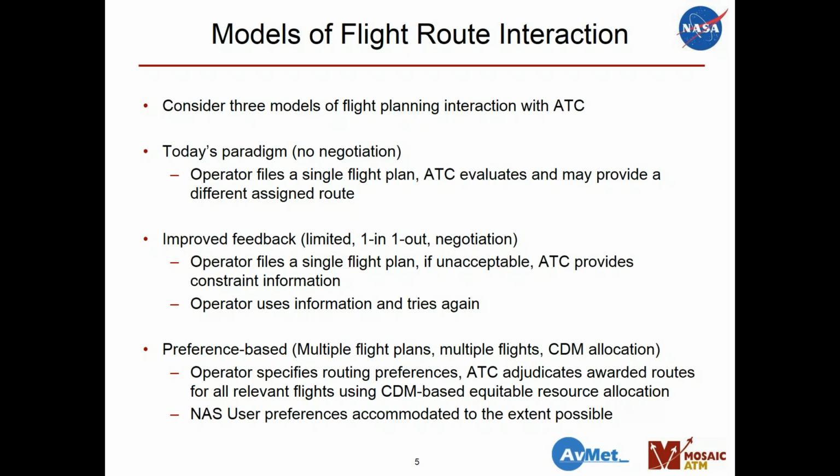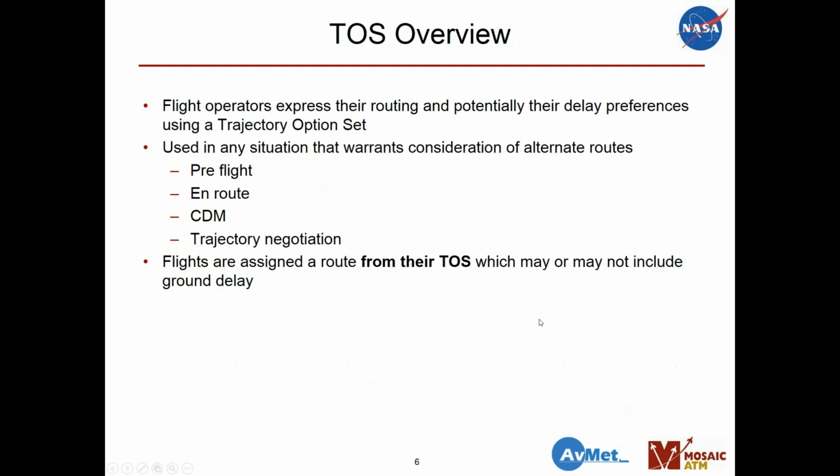And in that process, the NAS user preferences are accommodated to the extent possible, but the preferences are pre-specified by inputting multiple different routes. So it's important to recognize the differences in those models.